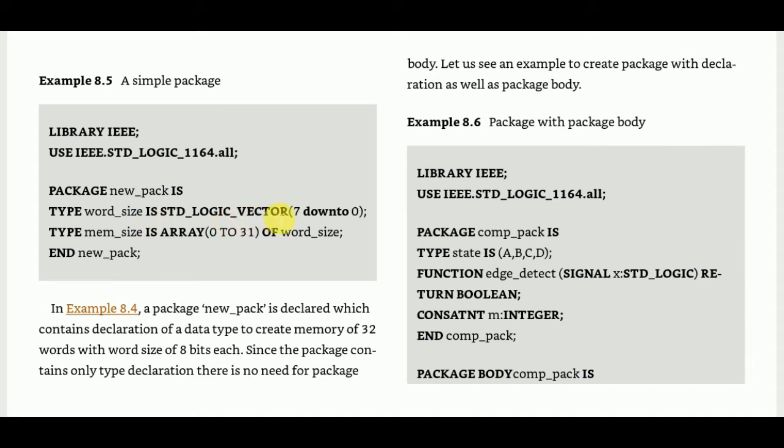Then type mem_size is array (0 to 31) of word_size. Then end new_pkg. So this package represents a memory. So this package represents a 32-bit memory with each memory location can store 8-bit data.